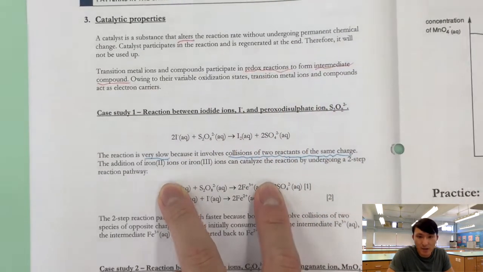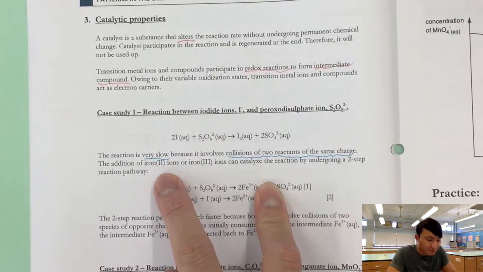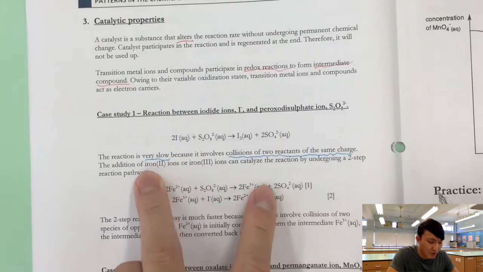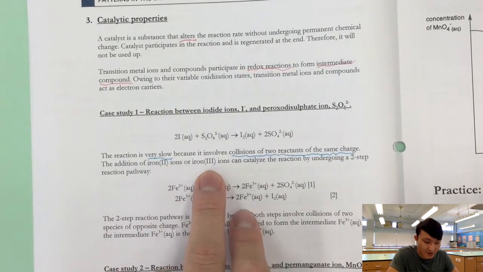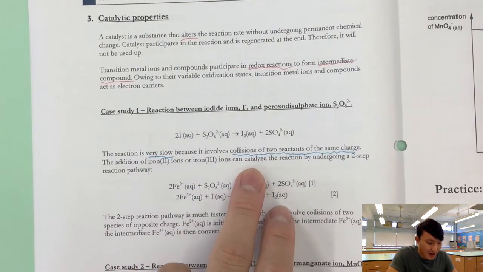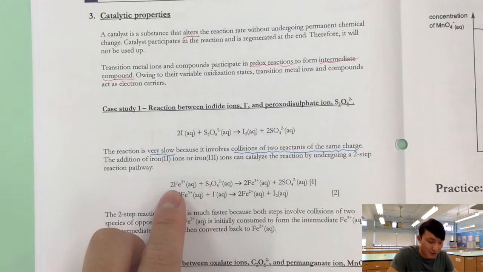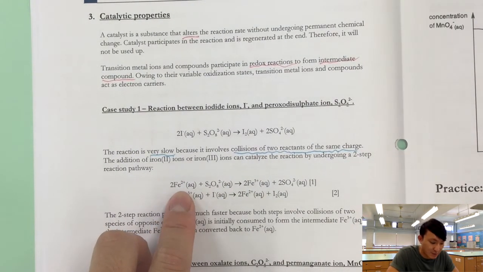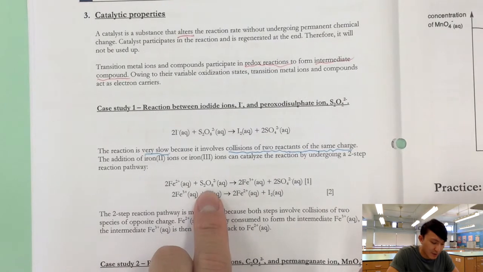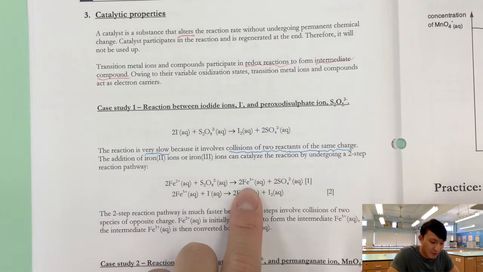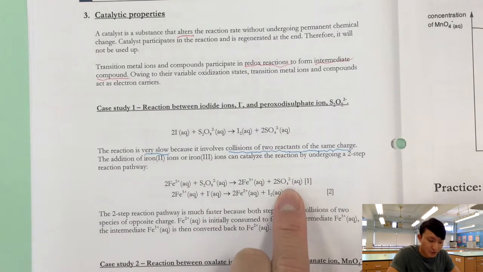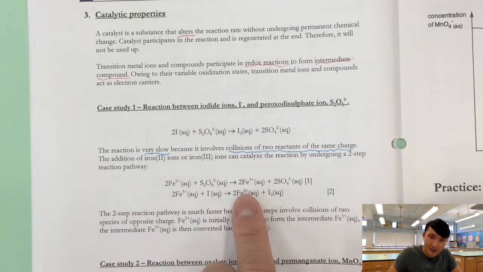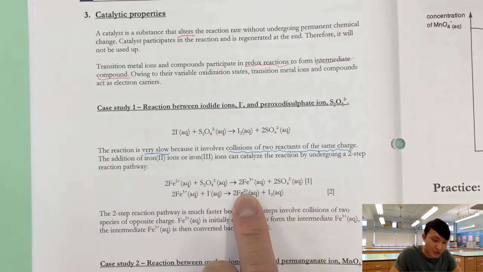Okay? So how can we speed up the reaction? We can add iron 2 ion or iron 3 ion to catalyze the reaction. When you add iron 2 ion, then the iron 2 ion will first react with S2O8 2-, forming Fe3+ and SO4 2-. Now, during this process, you may realize that the oxidation state of Fe changes.